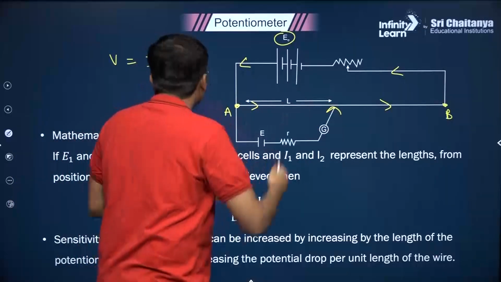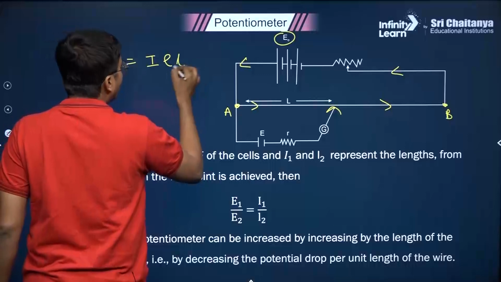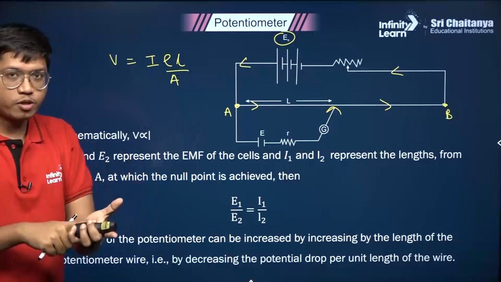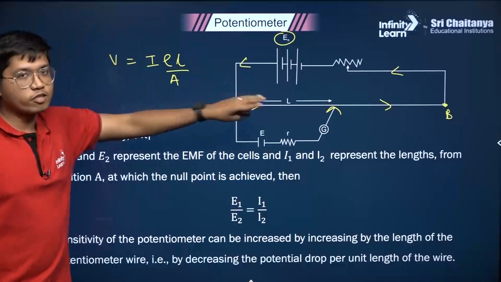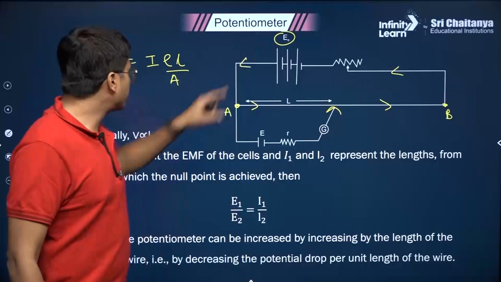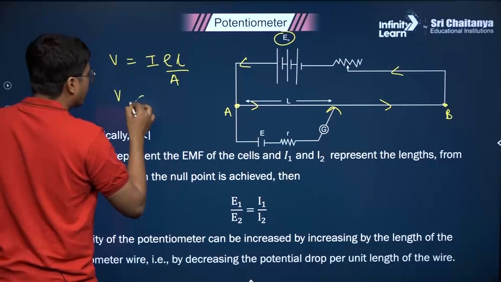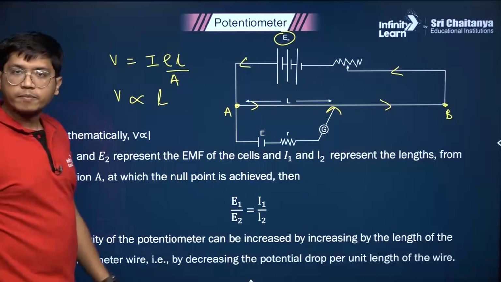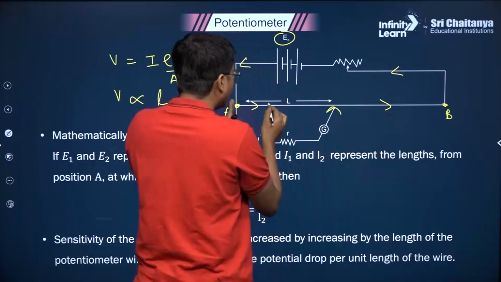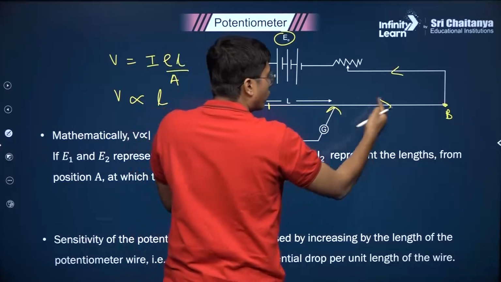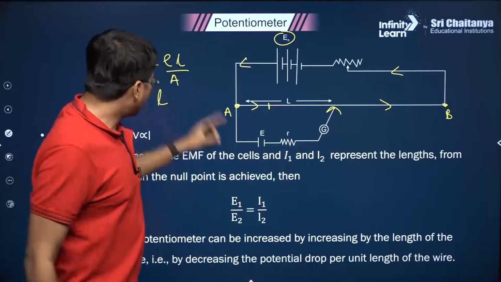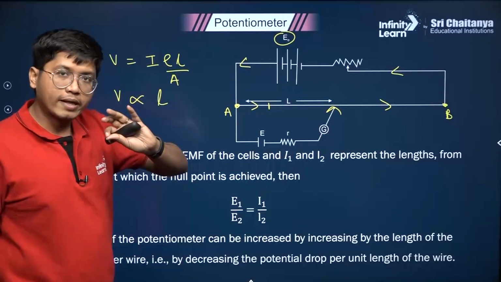And this resistance can be written as rho L by A. Now since we just established that the current has to remain constant, the resistivity of a material remains constant, area of cross section remains constant, which means the voltage is just proportional to the length. That means as you go further, the potential difference between these 2 points is less. If you go further, potential difference between the points increases. So that is why potential difference is proportional to length.